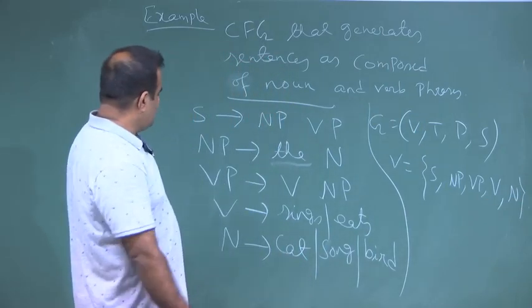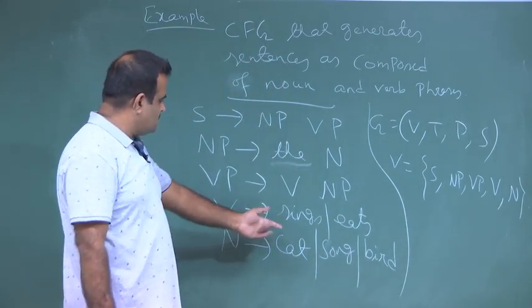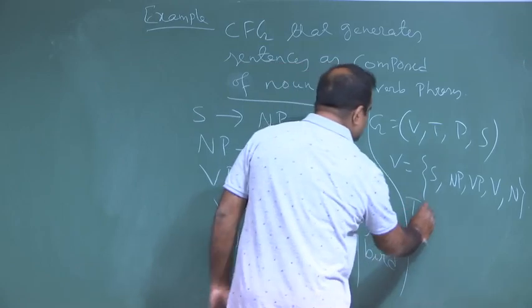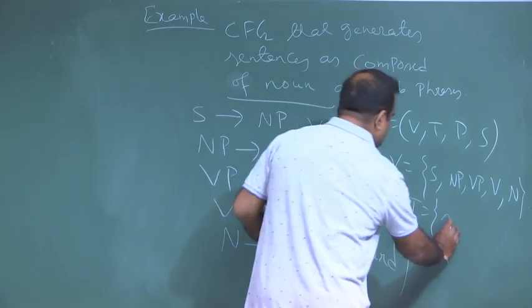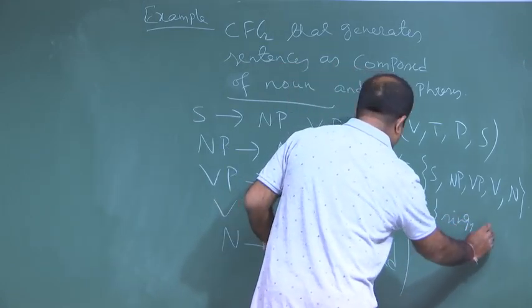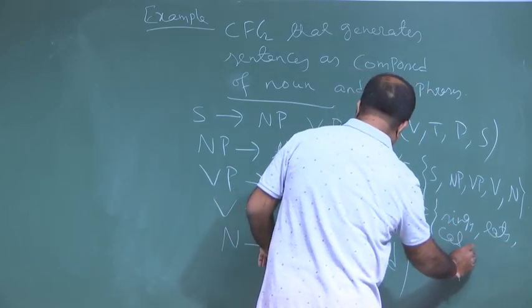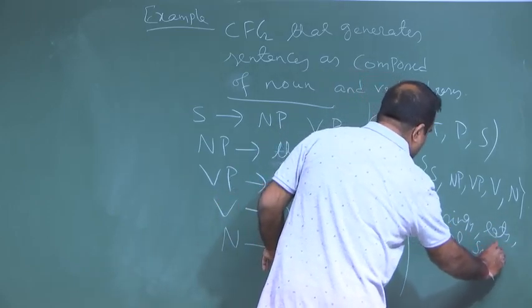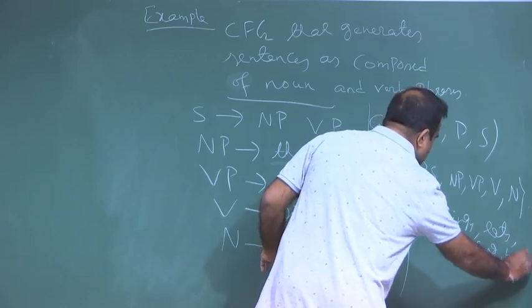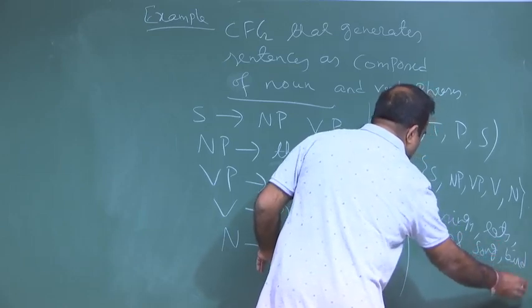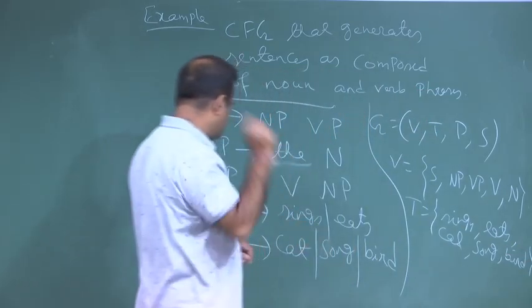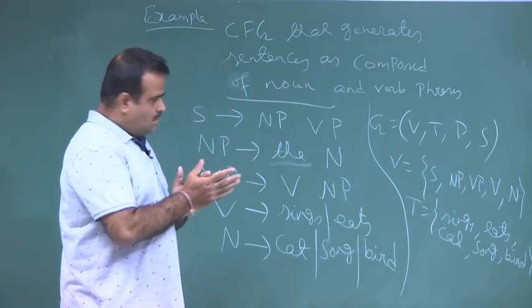Okay. And what is T? T is these terminals: sings, eats, then cat, song, bird. This is our T. Okay.